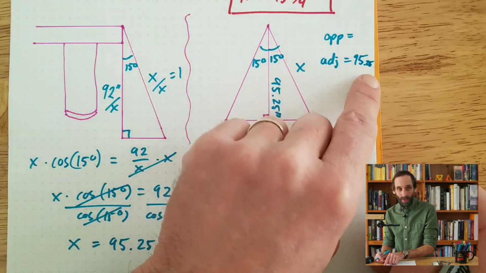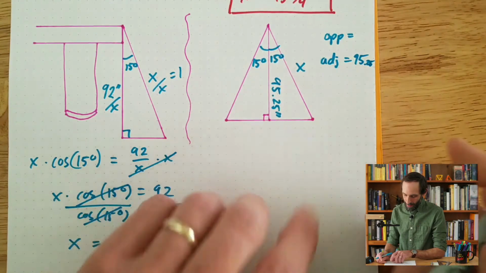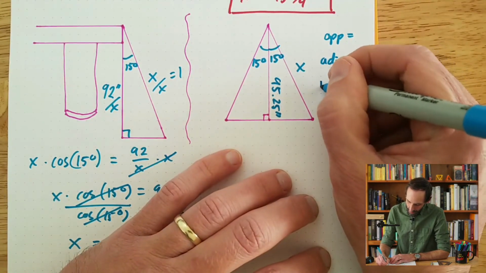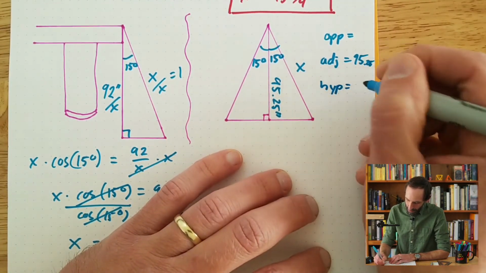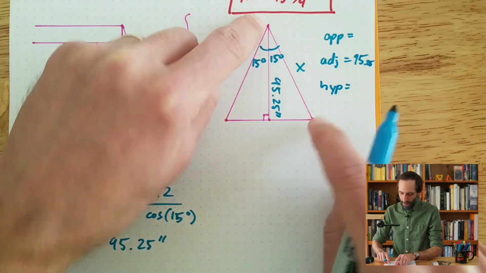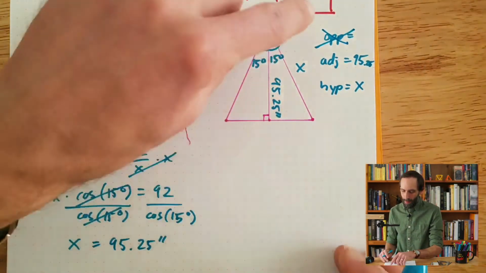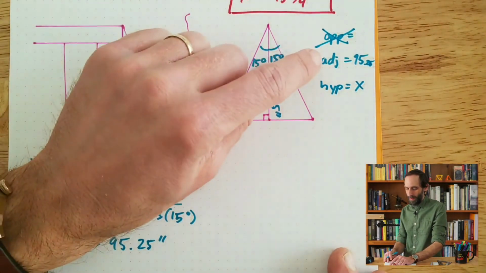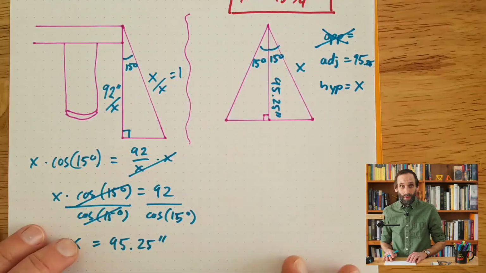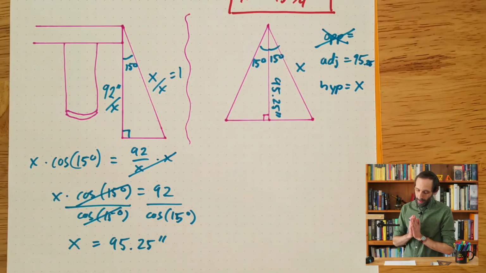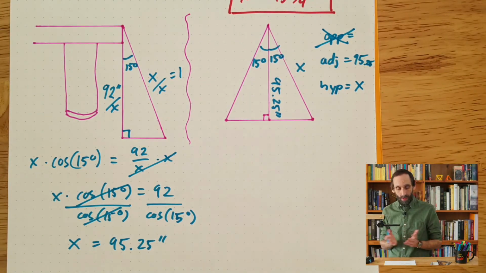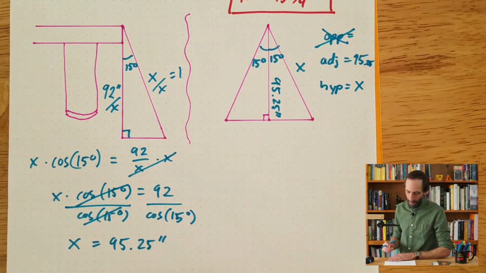Sorry, it's a bit small there, but that's this number right here. And finally, the hypotenuse is equal to this length here, x. So I'm not going to use the opposite. I'm going to be using the adjacent and the hypotenuse. Therefore, I will be using the cosine ratio once again, which is what I used here.